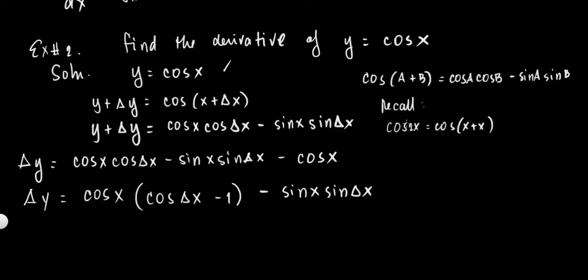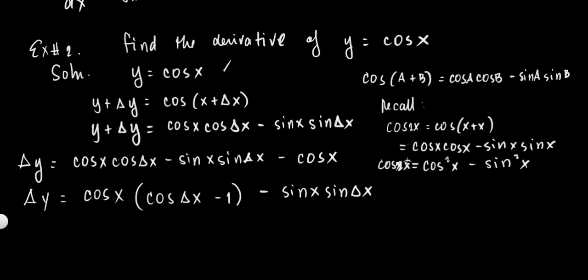So itong double angle naging sum of two angles na. Okay? So we have here cosine 2x equals cosine x times cosine x minus sine x times sine x. And cosine 2x is equal to cosine square x minus sine square of x.